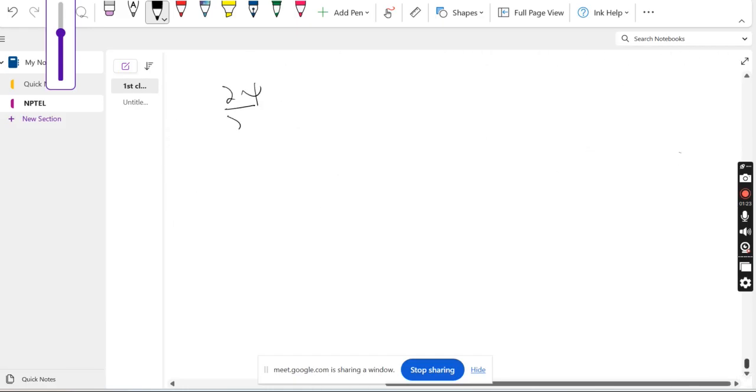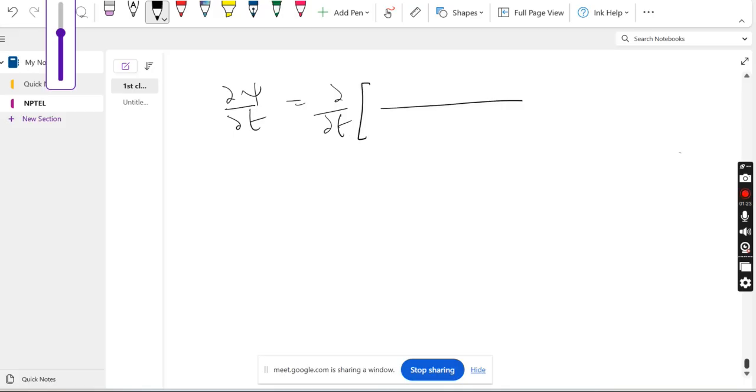Now we want to calculate the derivative with respect to t. So differentiation will be the same, but instead of x, it would be with respect to t. So we need to write this differentiating with respect to t. Here we had a constant coefficient b, so we need to take that into account.